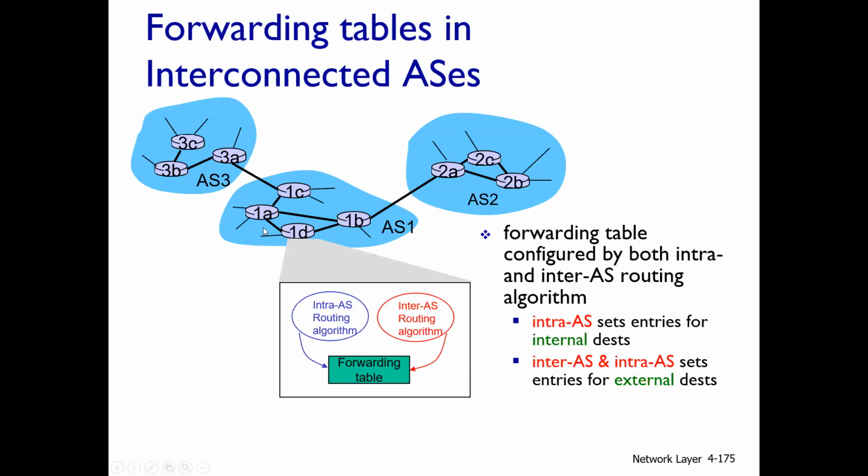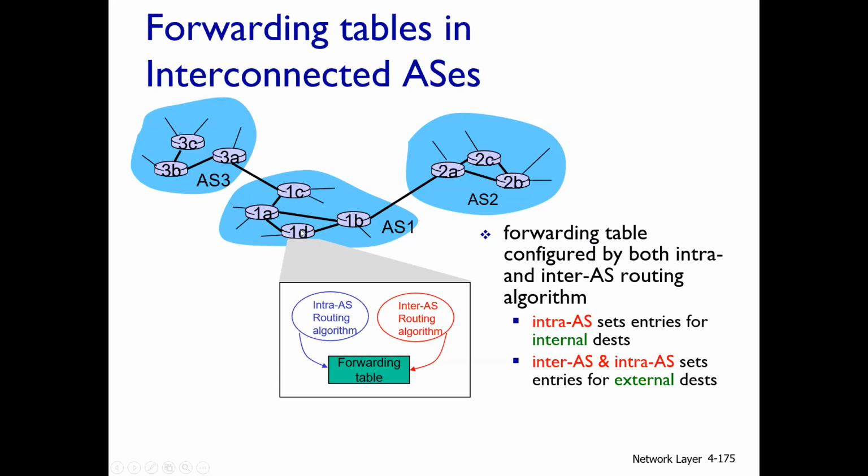So here's an example. We've got these three autonomous systems, and you've got the border routers over here which connect these autonomous systems.